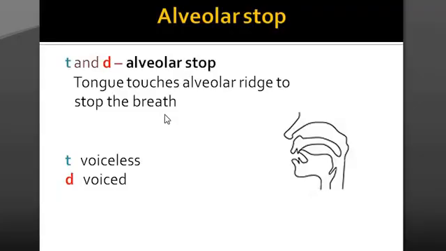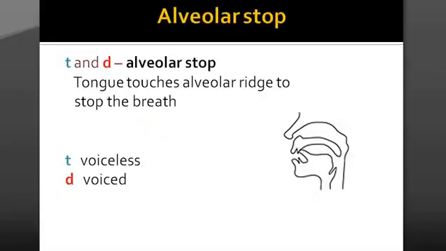T, d, t, d. We stop the breath and usually we let it go. So this is another consonant pair. We are doing the same thing with our tongue, but one of them is voiceless, t, and d is voiced.